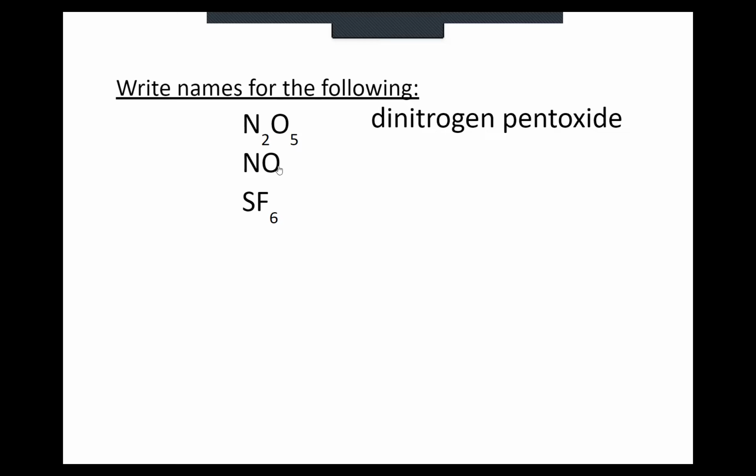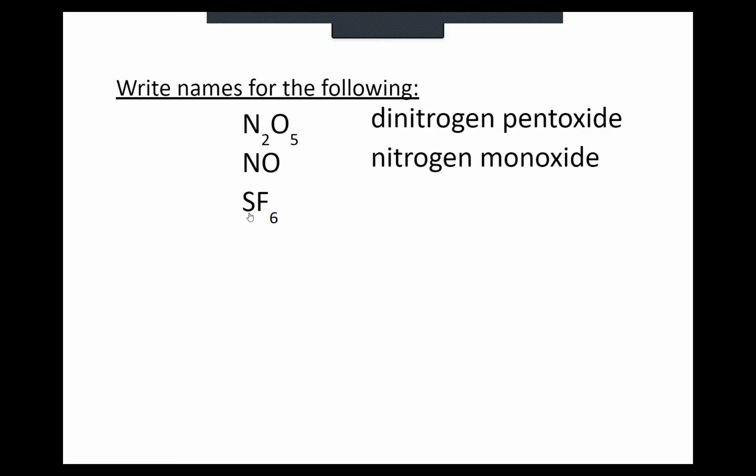And for the second element, we do use the prefix mono. We use prefixes, any prefix, for the second element. So we're going to write monoxide. If you wrote monooxide, that would be fine. Usually chemists shorten that ending to make it more pronounceable, but it's not a big deal if you write monooxide or, like up above, pentaoxide. It's totally fine.